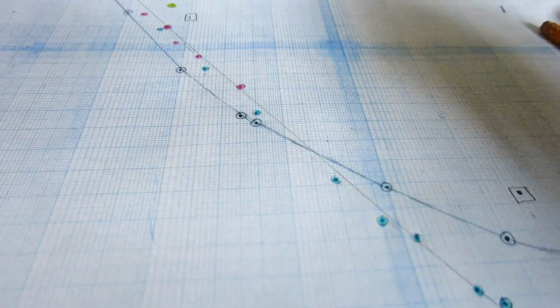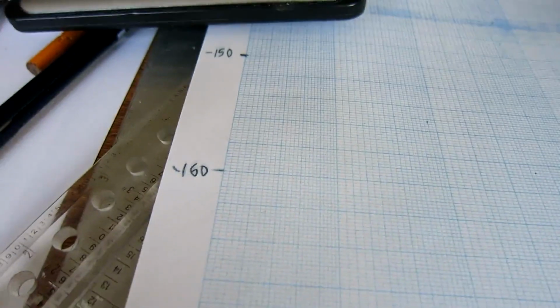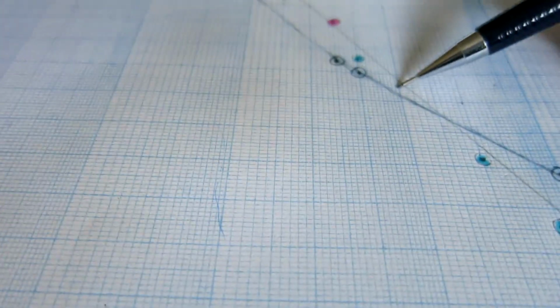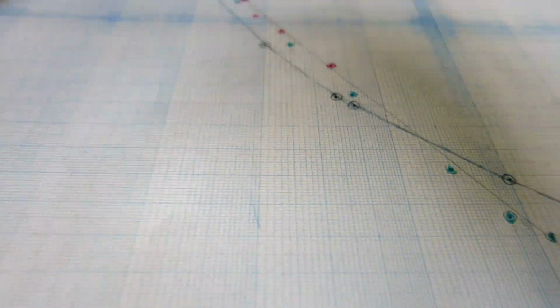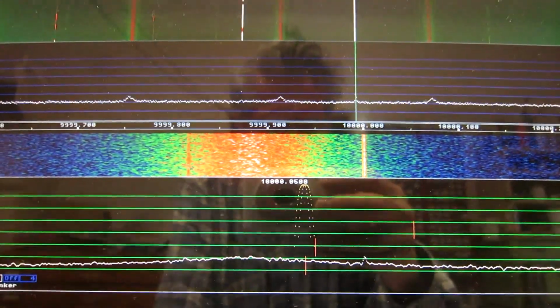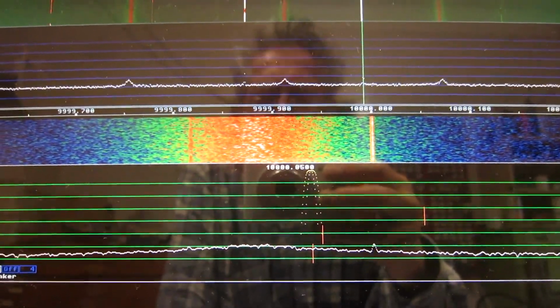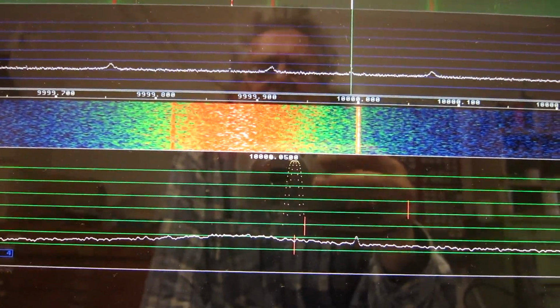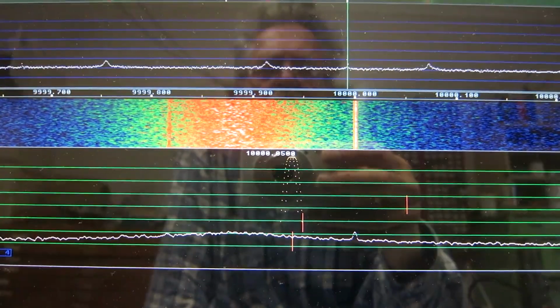The sideband noise level that I observed at 50 Hz is about minus 155. That means that the signal to noise ratio for a 17 dBm carrier is about 29 dB at 50 Hz offset.